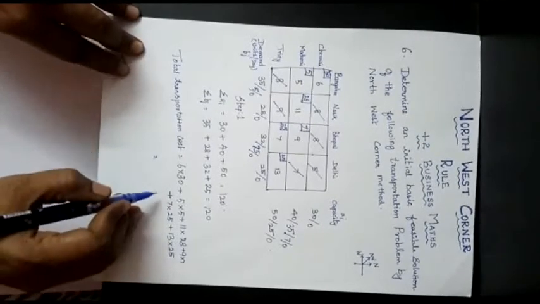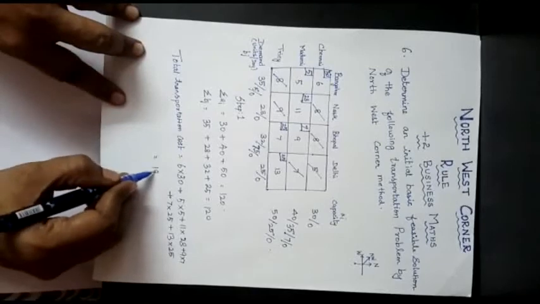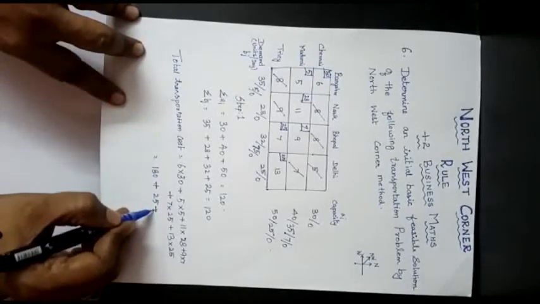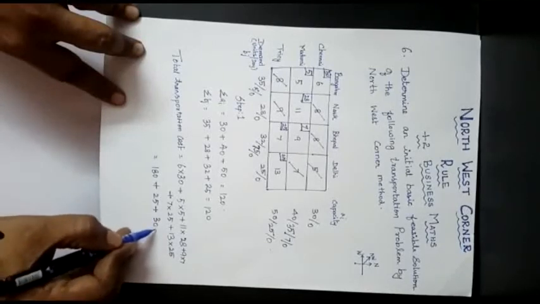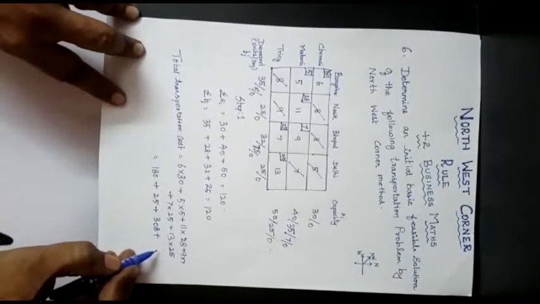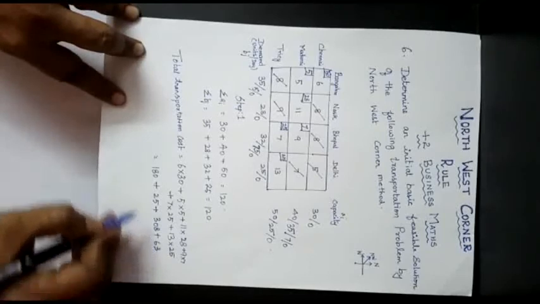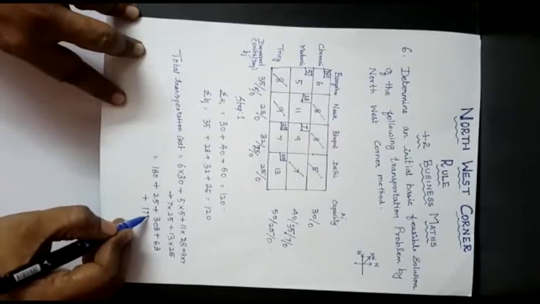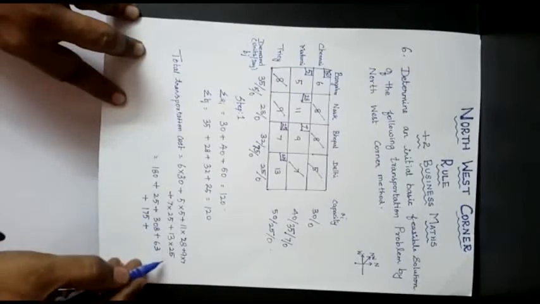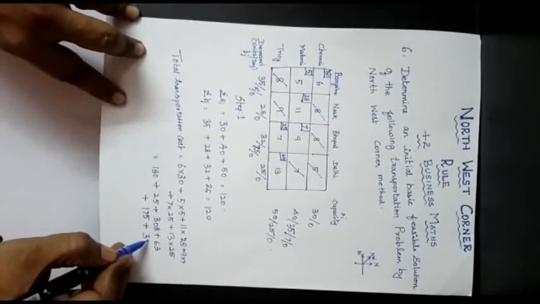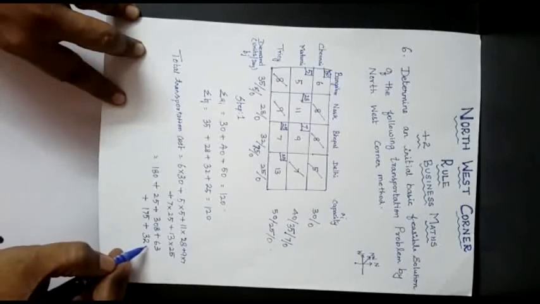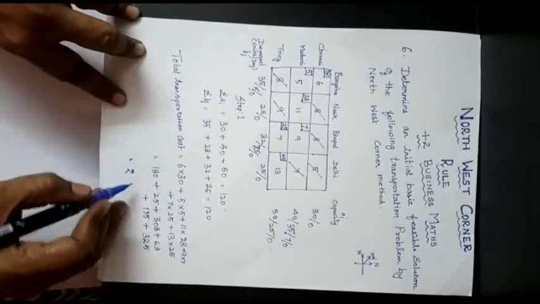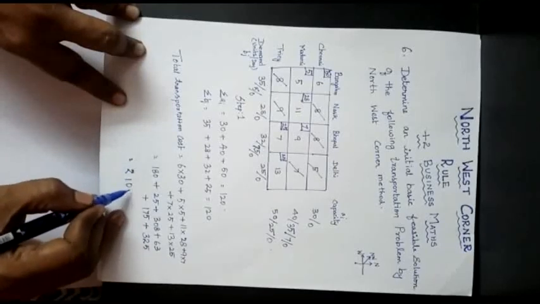So the calculation will go like this: 180 plus 25 plus 308 plus 63 plus 175 plus 325. So the total cost should be written in rupees. So rupees 1076.